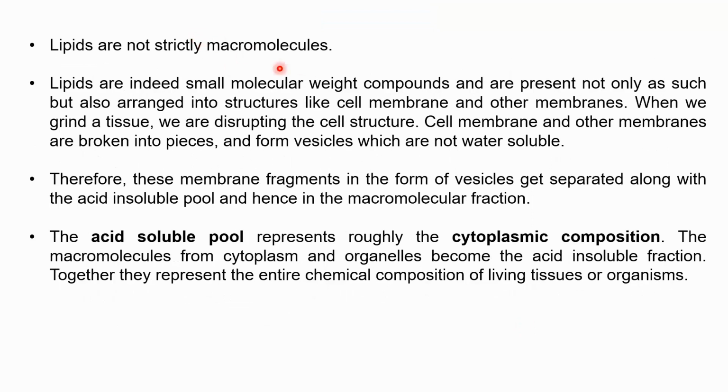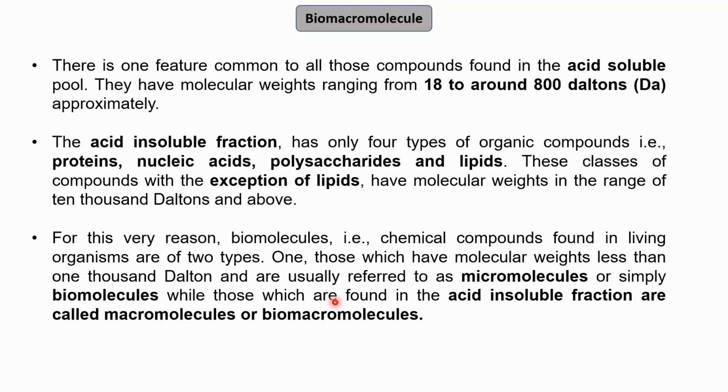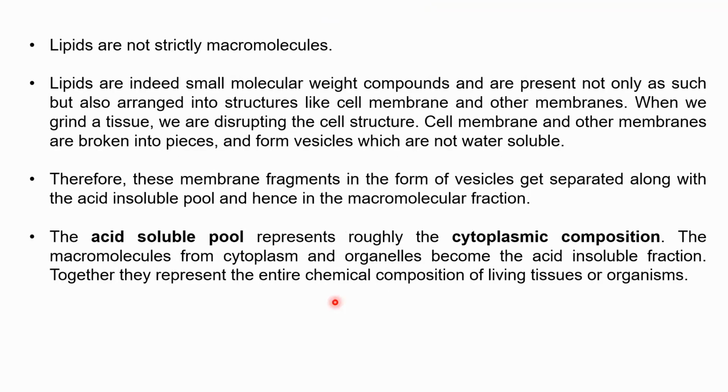Lipids are found in the acid insoluble pool irrespective of the fact that their weight is below 10,000 daltons. So why lipids? Therefore, it is said that lipids are not strictly macromolecules. Lipids are indeed small molecular weight compounds and are arranged into structures like the cell membrane and other membranes.